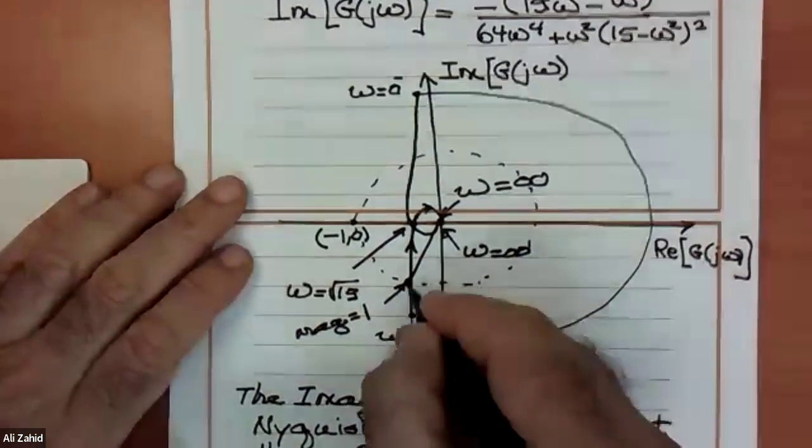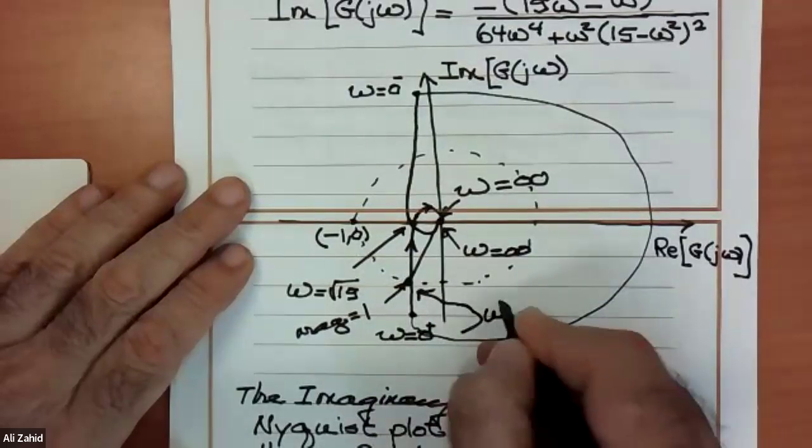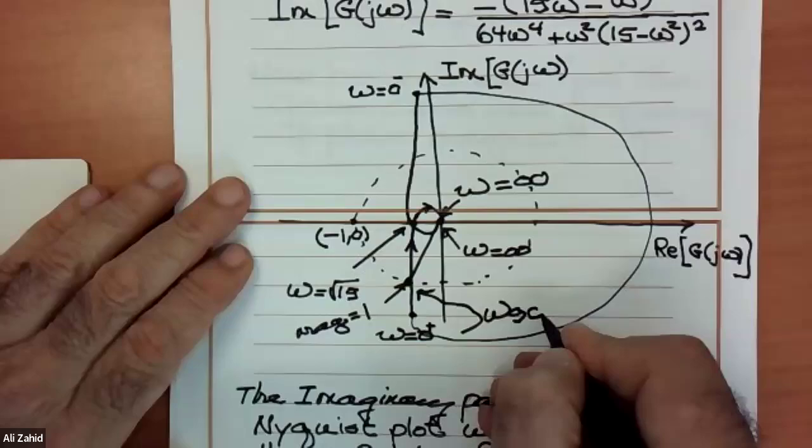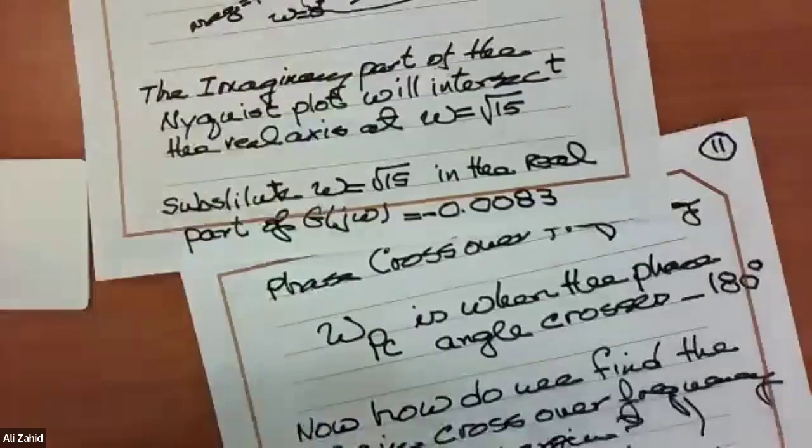This value of omega here, we call it the gain crossover frequency. So what is omega GC?